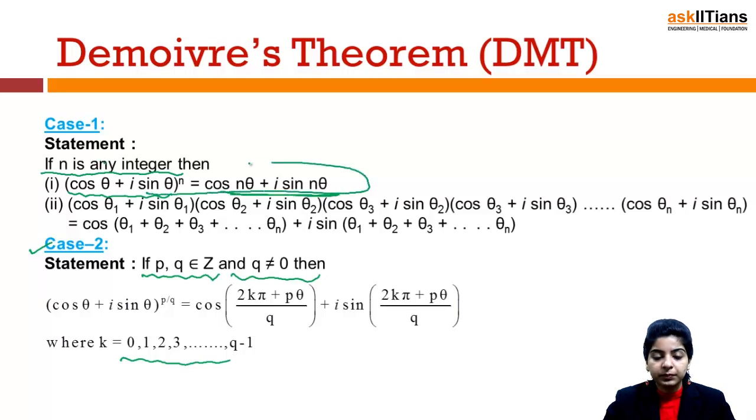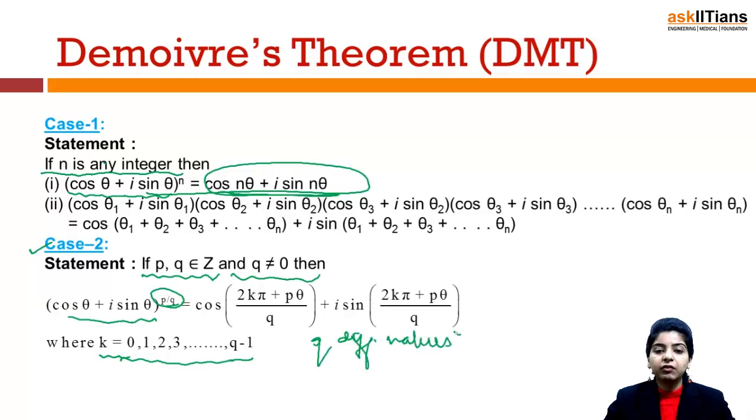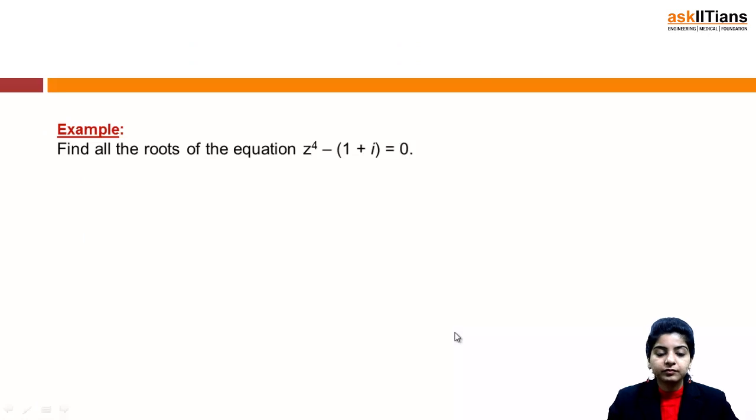But when n is a rational number of the form p by q, where q is obviously non-zero, rather than being an integer, it is a rational number, then this has got exactly q different values. Since k is varying from 0 to q minus 1, that means it has got q different values, right? So it will be clearer once we discuss the example.